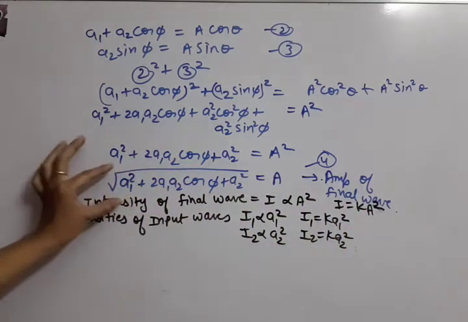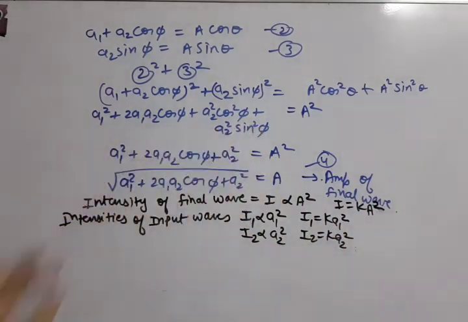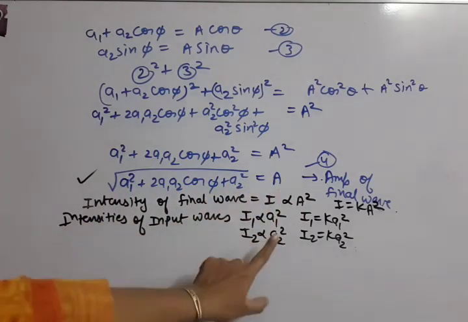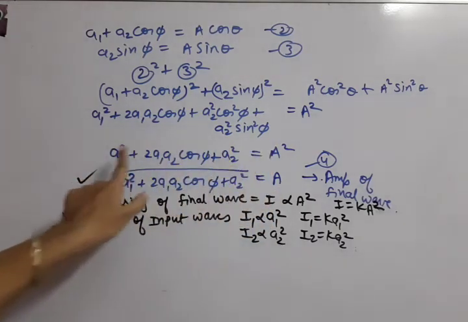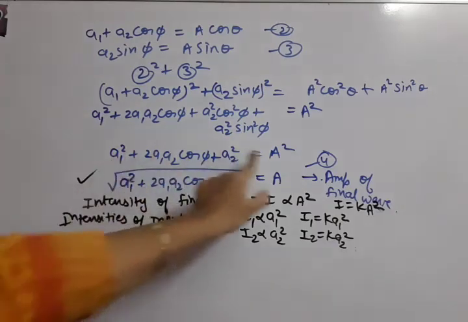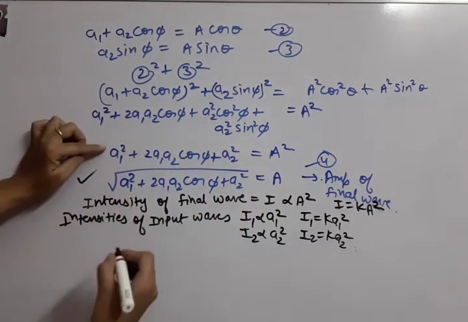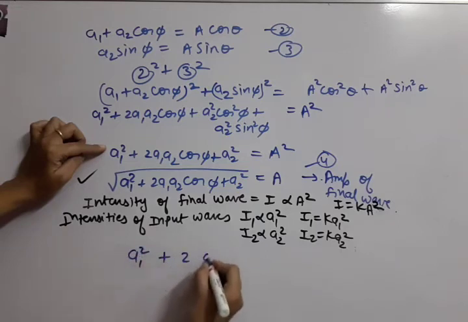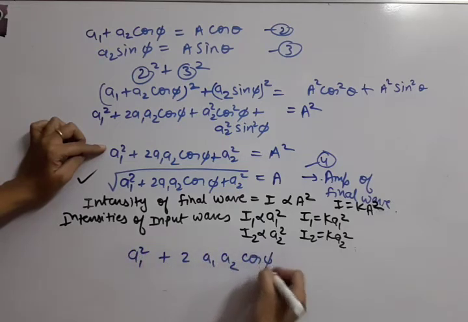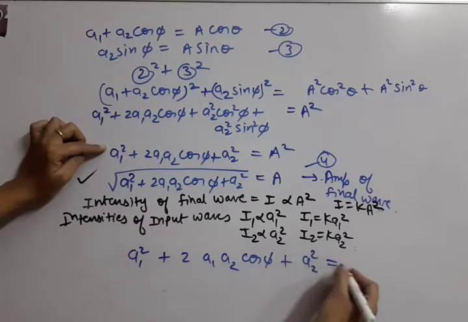Okay. So if I have this as my final answer for amplitude, and I want intensity, first of all I need the square of the amplitude. This is there. Now if I multiply K in this equation everywhere, so you see, A1 square plus 2 A1 A2 cos phi plus A2 square equals capital A square.